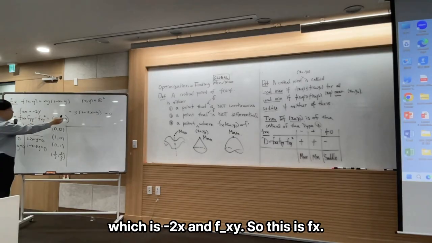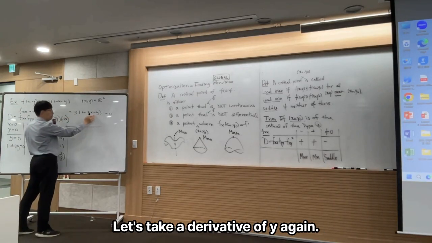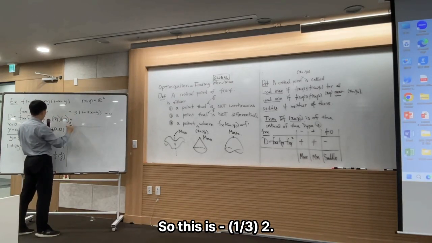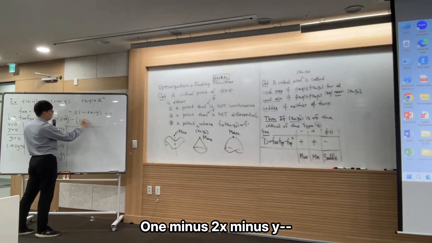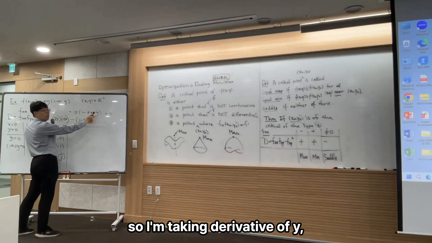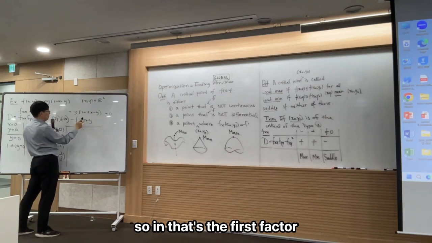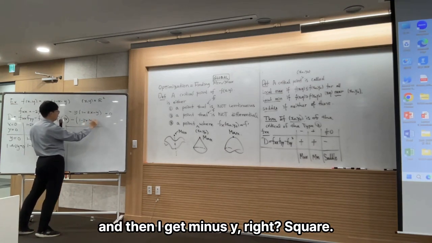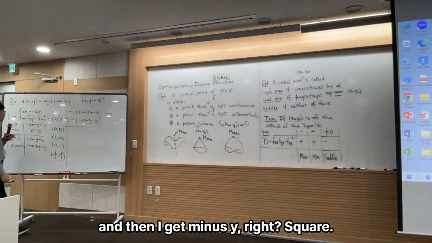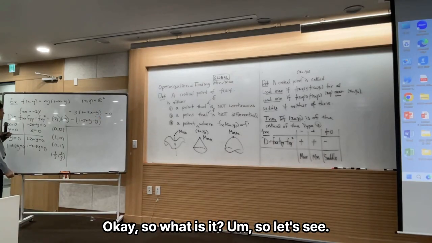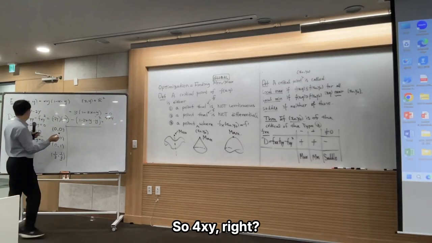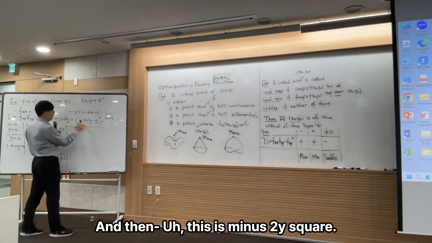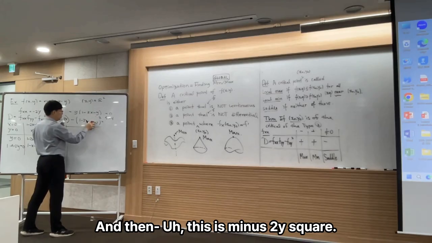And fxy, so this is fx. Let's take a derivative with respect to y again. So this is (1 minus 2x minus y), and I'm taking the derivative with respect to y, so that's the first factor, and then I get minus y, right? Squared. Okay, so what is it? So let's see. It's 4xy, and then this is minus 2y squared.